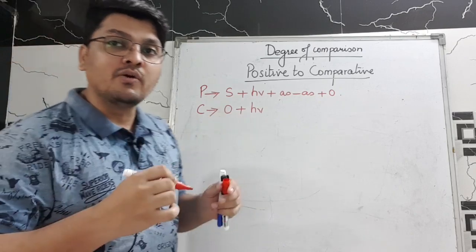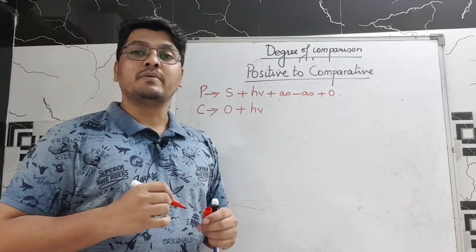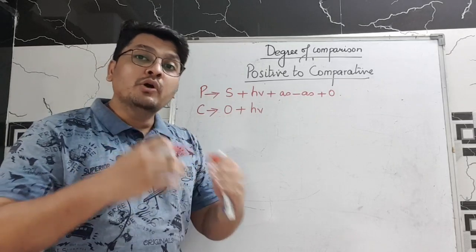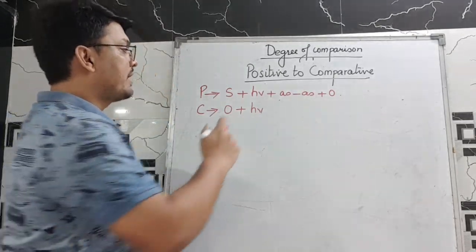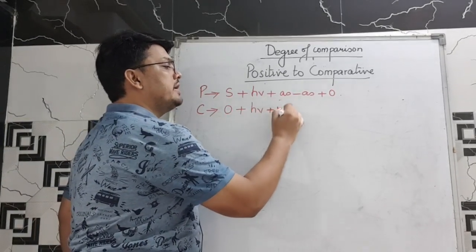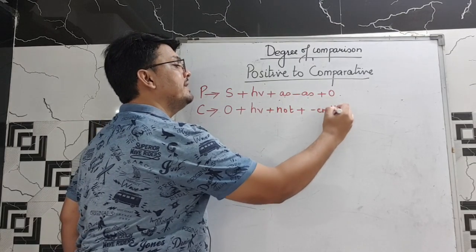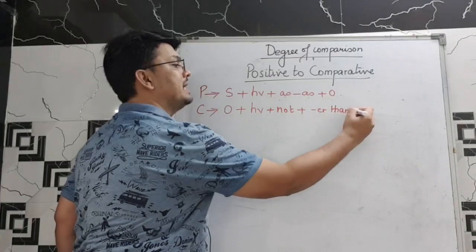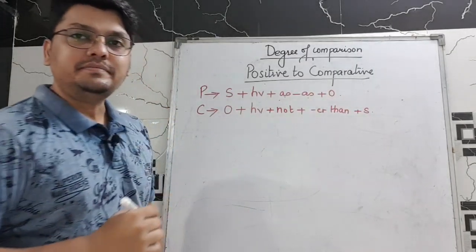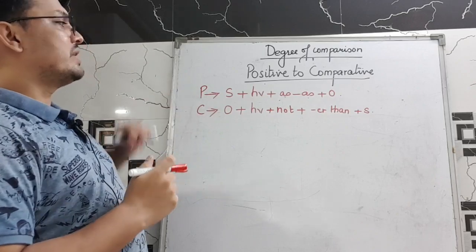If it is singular, you'll use a singular helping verb. If it is plural, a plural helping verb will come. Plus not, plus as will turn into er then, plus subject. Okay, this is my structure.